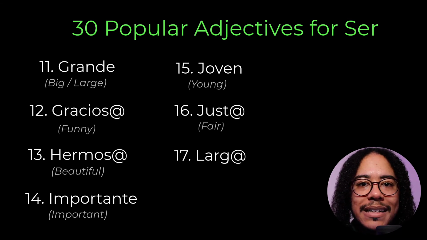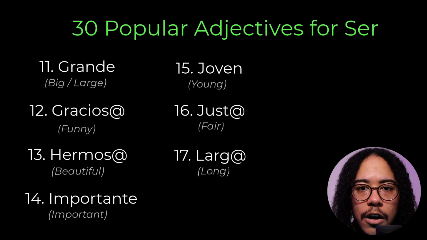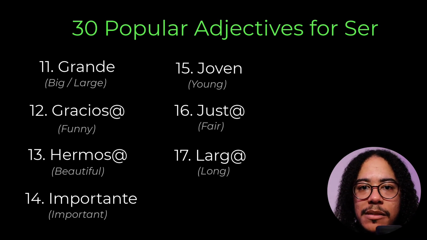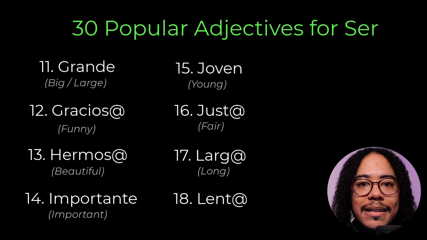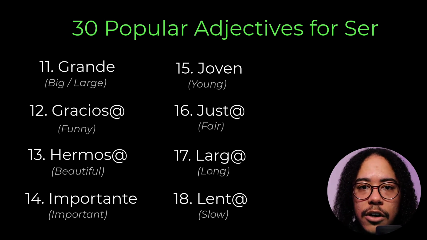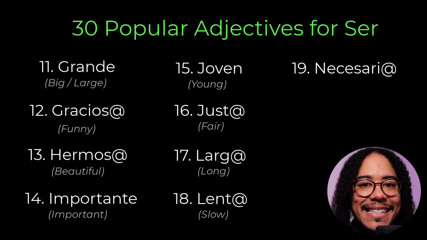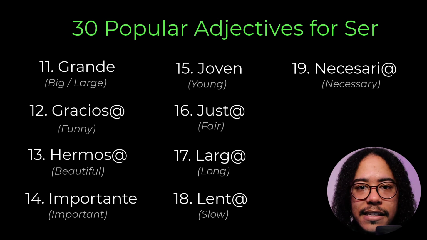Largo or larga is long. So don't get this one confused with grande. Grande means big. Largo, although it sounds like large, is more like long. Lento or lenta, slow. Necesario or necesaria is necessary.